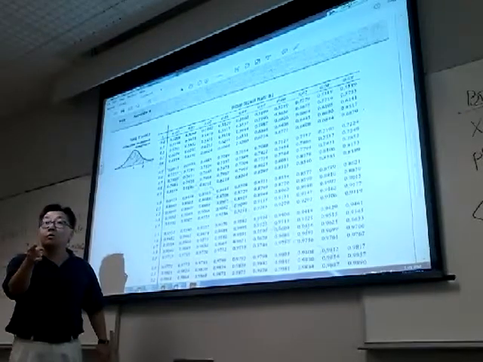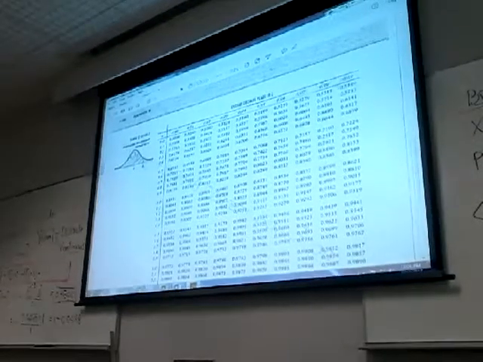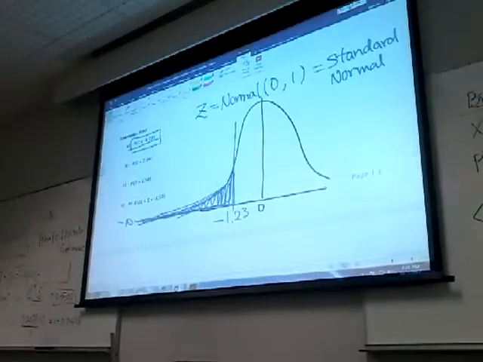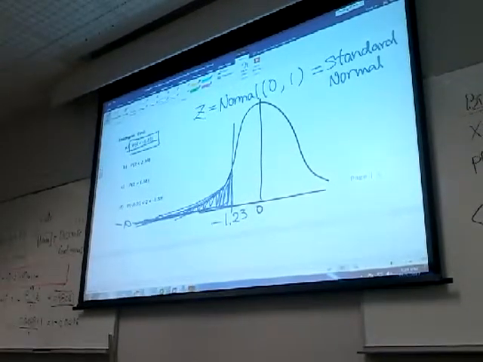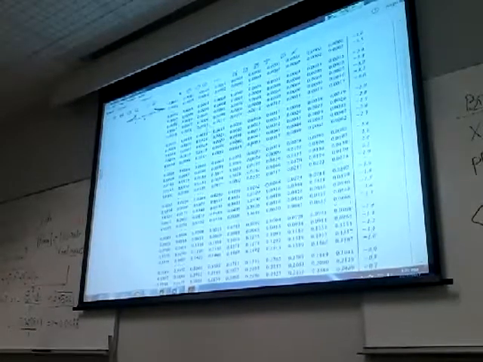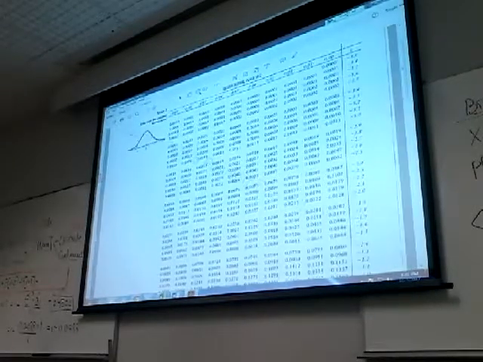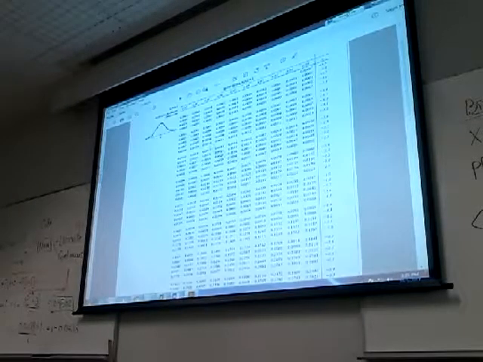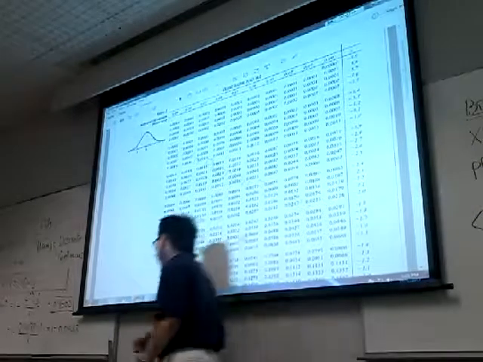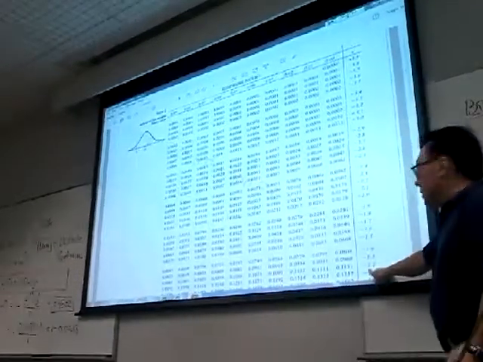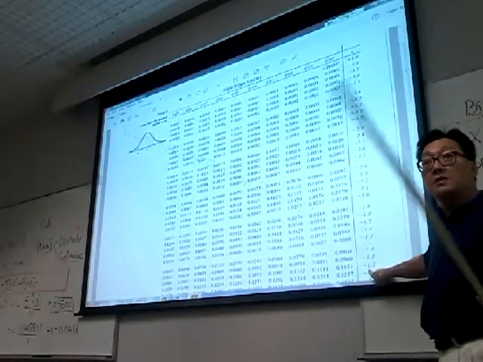How much was the Z score? Negative, right? Let me go back to the notes. The Z score was negative 1.23. So let me go to the first page. Here's negative 1.2, right? But we had a second decimal place.